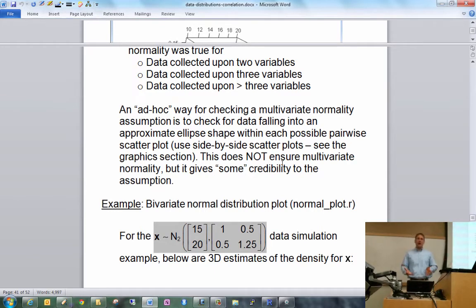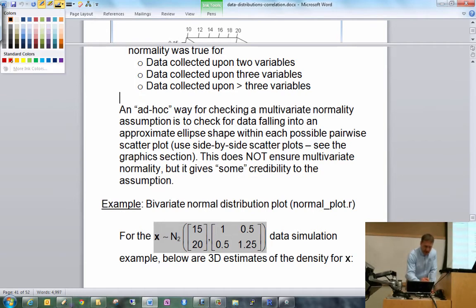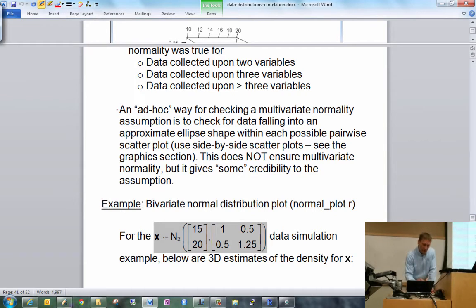Similar to what was mentioned before, you could approach it in an ad hoc manner. This will not guarantee that you have multivariate normality, but it seems like a good thing to do in the lack of anything better. And that is to do all possible pairwise scatter plots of your data. So x1 versus x2, x1 versus x3, x1 versus x4, x2 versus x3, and so on.